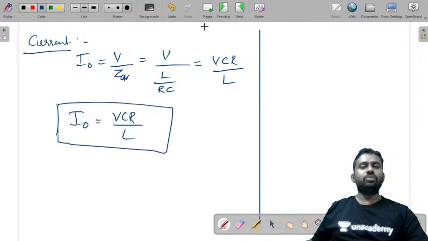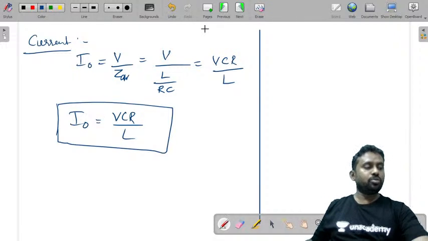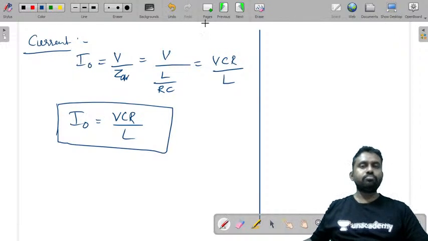Now let us find the quality factor as well, and also how the impedance curve, admittance curve and current vary in a resonant circuit.